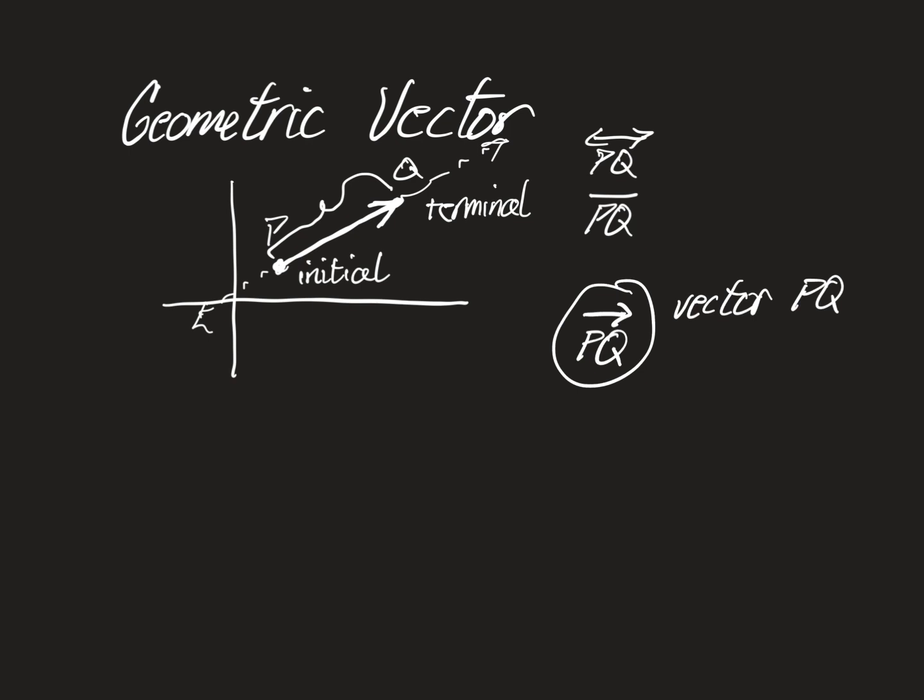And we often say that our vector is equal to some directed line segment from P to Q. And so, as you can see, here's single letter vector notation, here's 2-letter vector notation if we know the initial and terminal points. So that's notation.